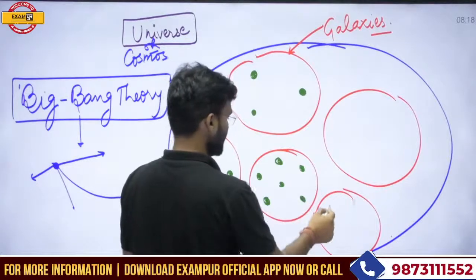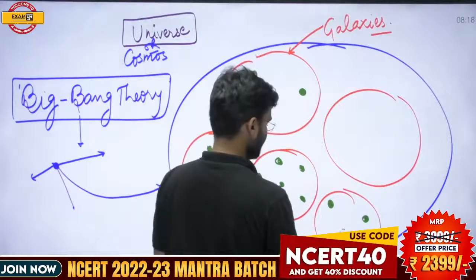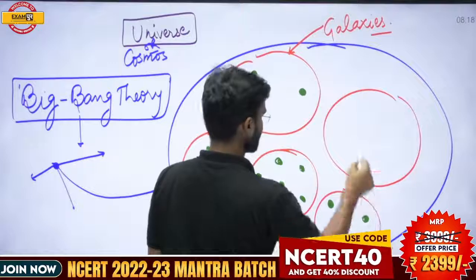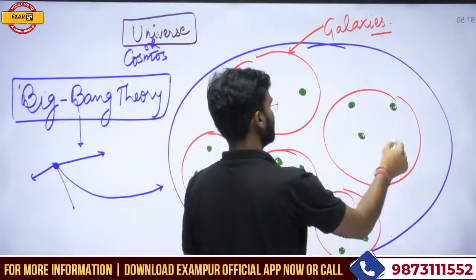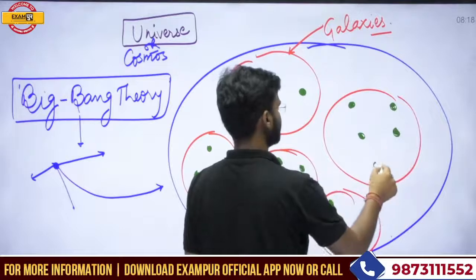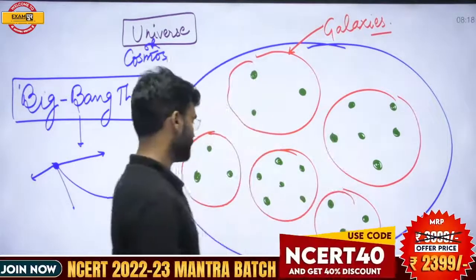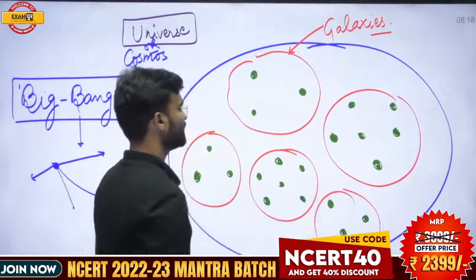The galaxy in which we are living, or the galaxy that is related to us, is called the Milky Way. Suppose these are the stars, the stars in green color.